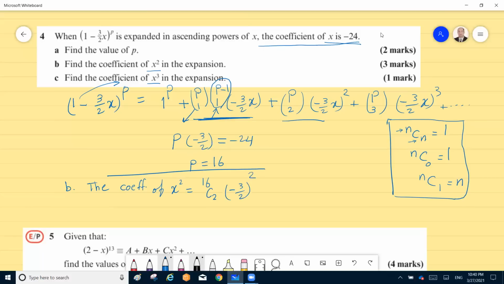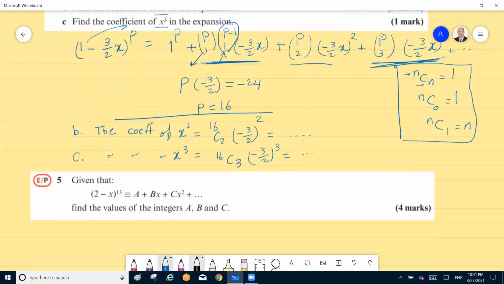Just write everything except x, because this x raised to power 2 is x squared, and you calculate this amount; this is the coefficient of x squared, very easy. And the same way, part c, the coefficient of x cubed: go to the x cubed term. You have 16C3 times negative 3 halves to the power of 3, and you can calculate this part. Okay, it's very easy.